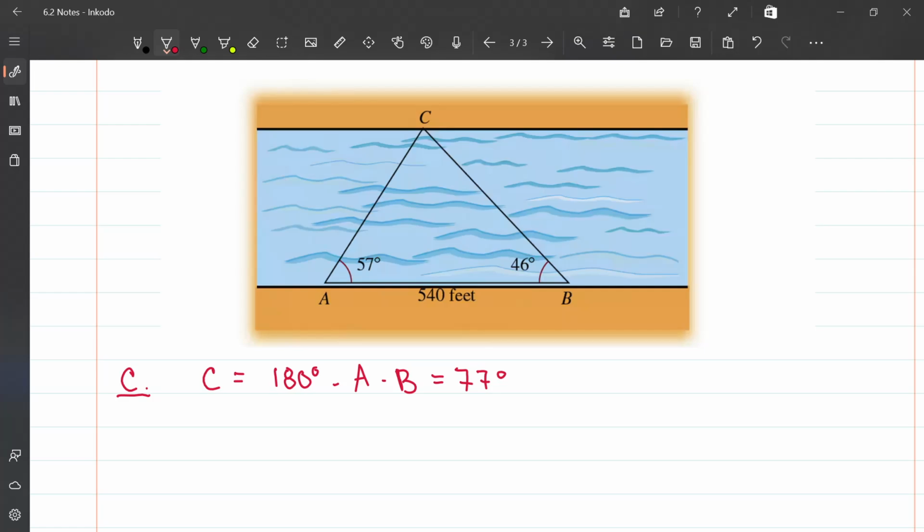All right, I want to know the length of the side. Well, it doesn't say it here, but that would be little b in our picture. So we want to find the length of the side, little b.